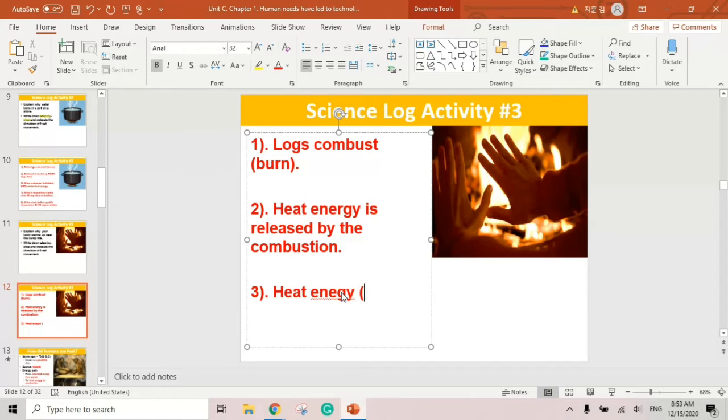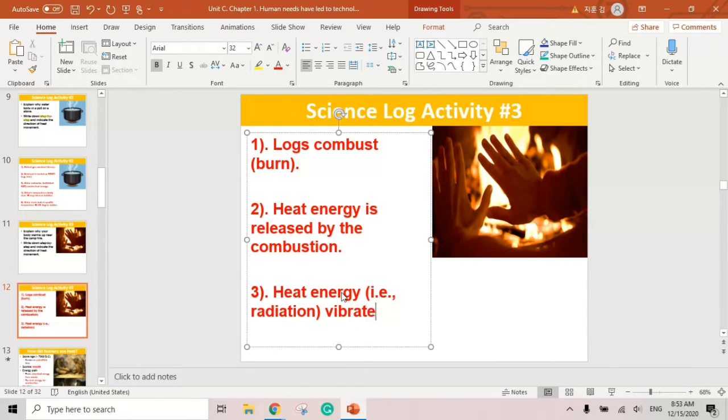For some reason, the typing is really not good. Heat energy, in this case, is radiation, and we're going to learn about the different forms. Radiation is how our body gets heated when it comes to a campfire.